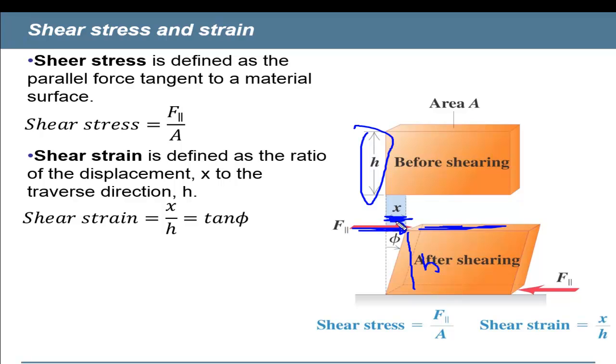So the strain is, again, a ratio: the distance it displaces versus the height of the object. Instead of how much it stretches versus how long it was originally, it's how much it moves over versus how high it is. We can also define this in terms of an angle, this angle phi, so the shear strain is actually the tangent of phi.